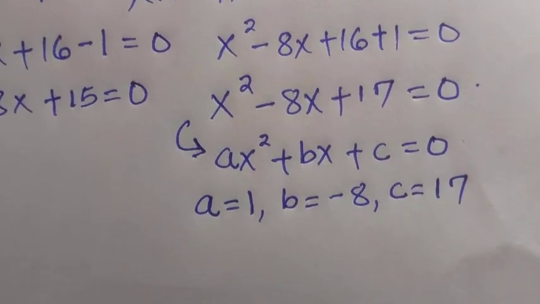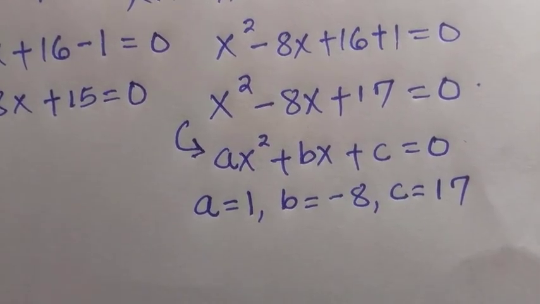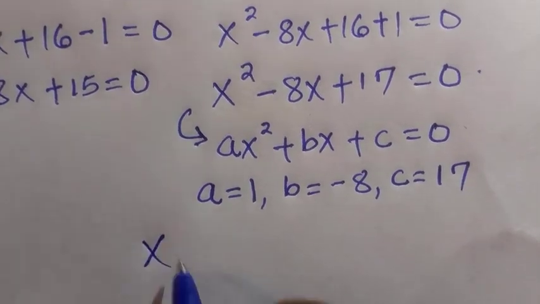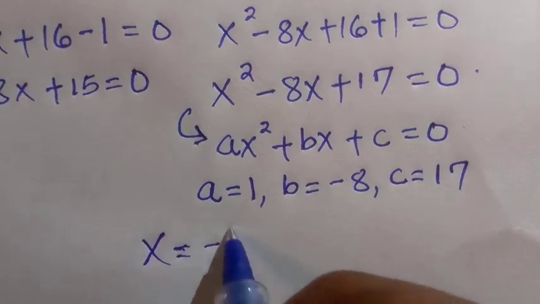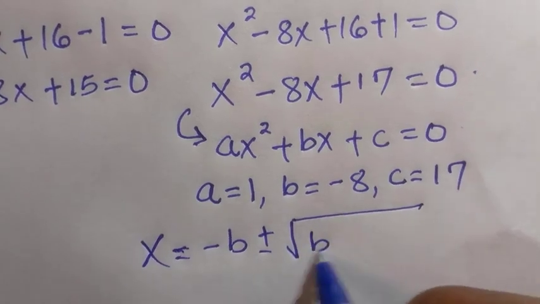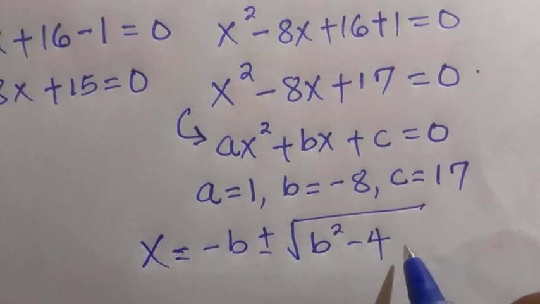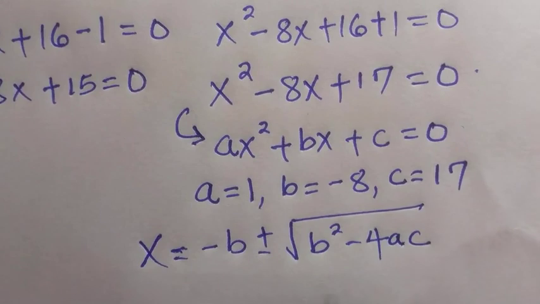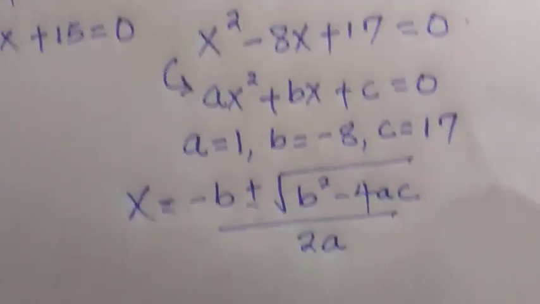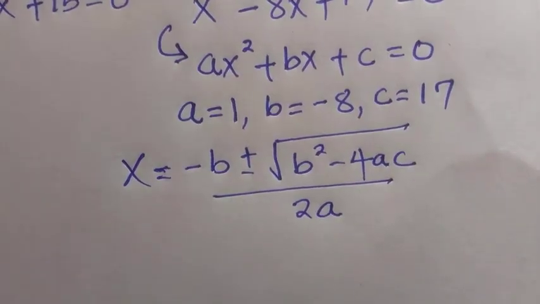To get the value of x, we substitute these into the quadratic formula, since we cannot factorize this. The quadratic formula is x = (−b ± √(b^2 − 4ac)) / 2a, and we plug in the individual values of a, b, c to get the value of x.